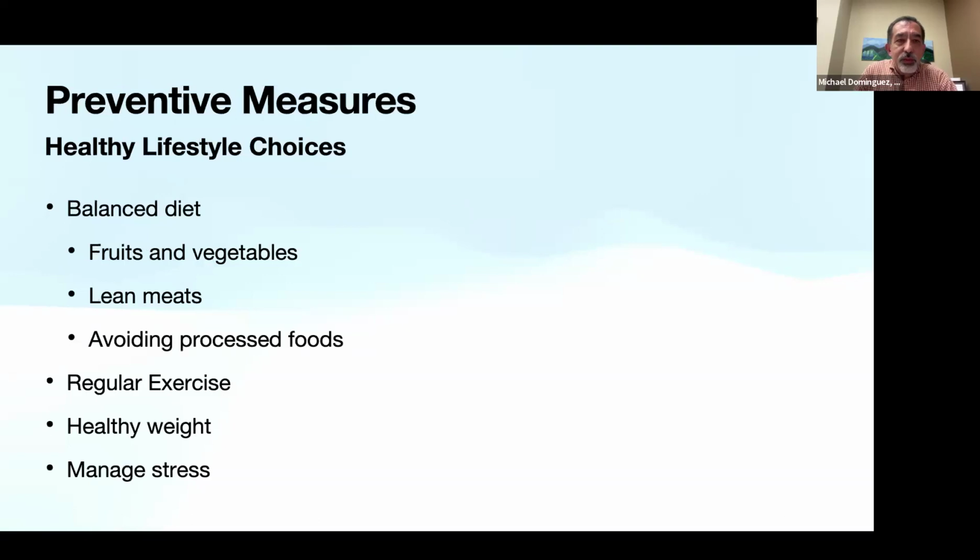Along the lines of the preventive measures: a balanced diet, fruits, vegetables, lean meats, and avoiding processed foods. You may have seen the story that came out just today of a large study that looked at ultra-processed foods and the effects it has on our health.